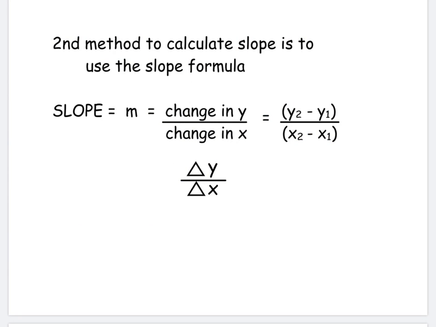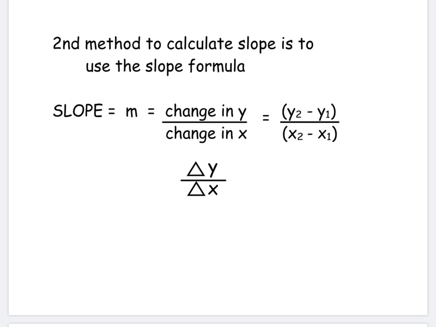You can also calculate the slope using a formula, and it's still slope equals m. Why they call it m, I don't know, but you will be referencing the letter m and the value for slope in upcoming things that we're doing in class, but it's still the change in y over the change in x. And to find the change, or how much something changes, you take the 2 values and you subtract.